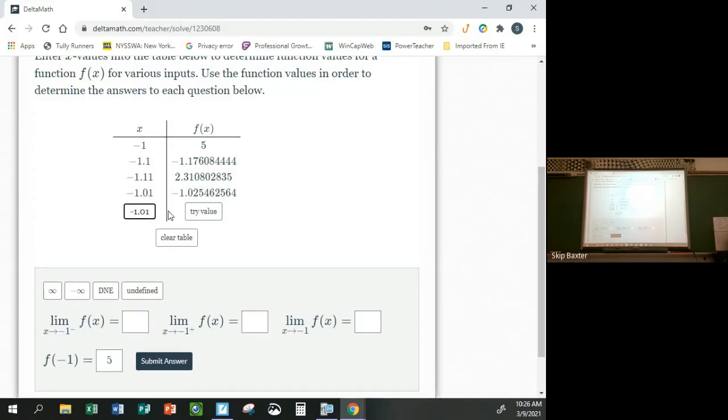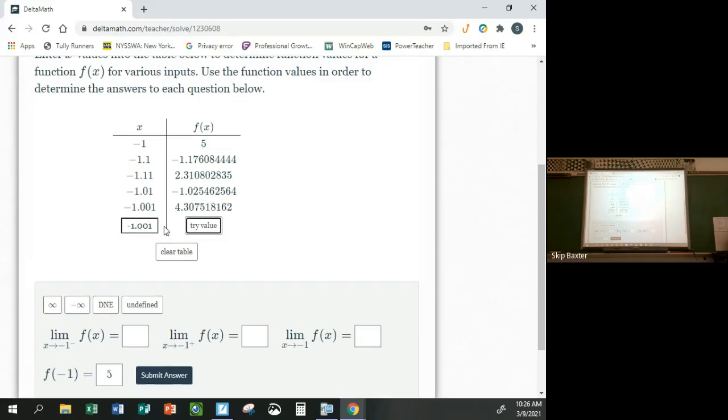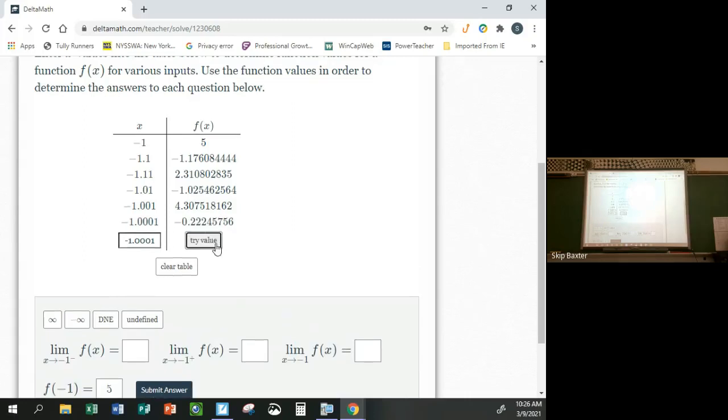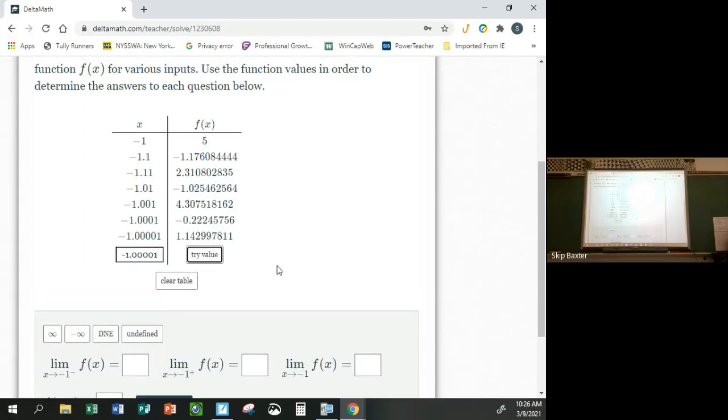Okay. So I get that, and then -1.001, -1.0001. So what do you notice? It's just totally random. So the limit as x goes to -1 from the left does not exist because it's not narrowing in on any one particular value.